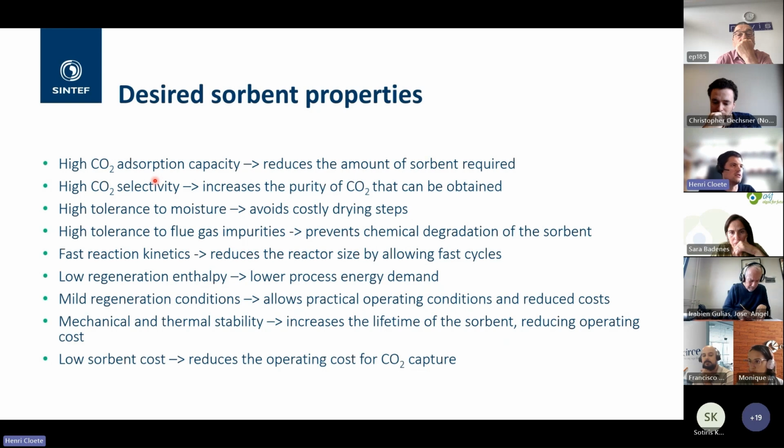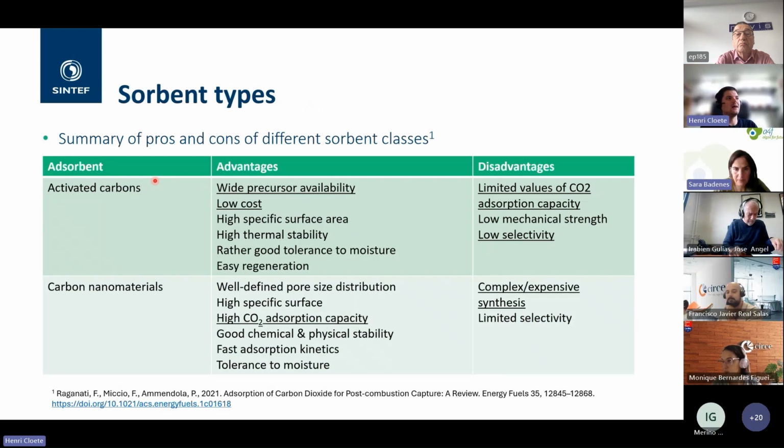You want to be able to use mild regeneration conditions, so that allows practical operating conditions and less cost. You want your solvent to be mechanically stable over long lifetimes, so that you don't have to replace your solvent, adding to your cost. And then obviously you want your solvent to be cheap, otherwise that can add substantial cost to your process.